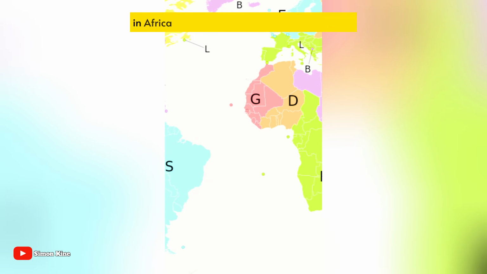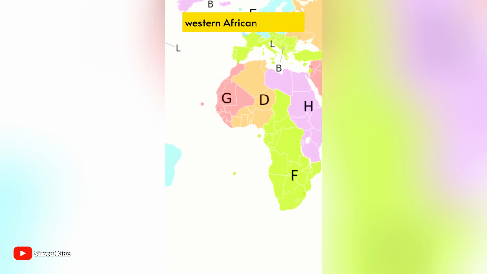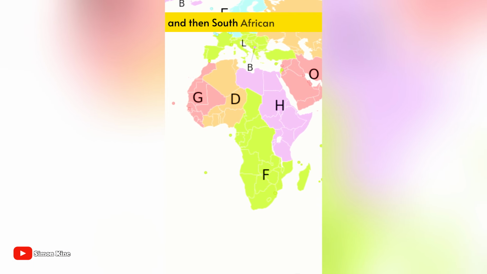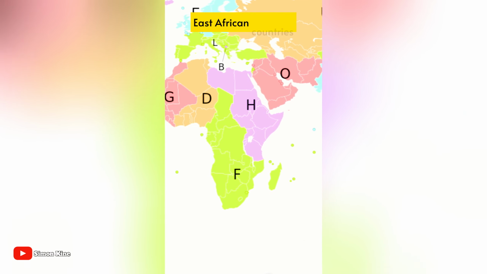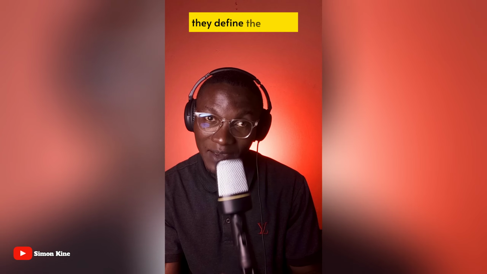In Africa, we have G to represent the northern and western African countries, F to represent Central and South African countries, and H to represent East African countries and northeastern countries. So for ICAO codes, the first one or two letters usually indicate the region or country, and the other letters define the airport.